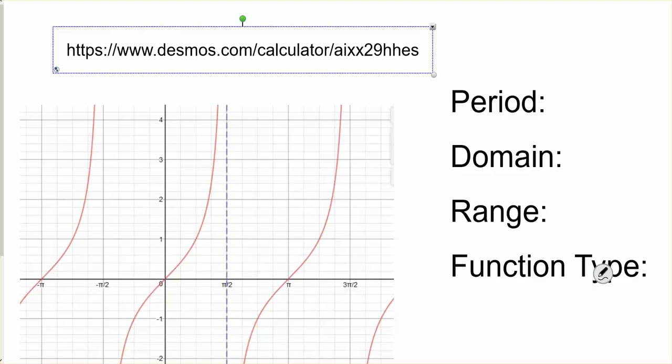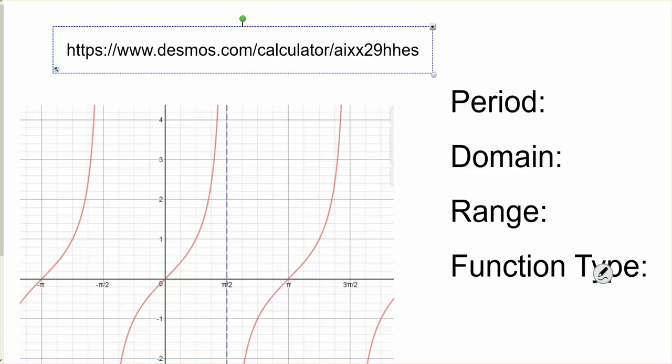So let's look at this. What is my domain? My domain is all real numbers, but I can't be all real numbers because it doesn't work at pi over 2.